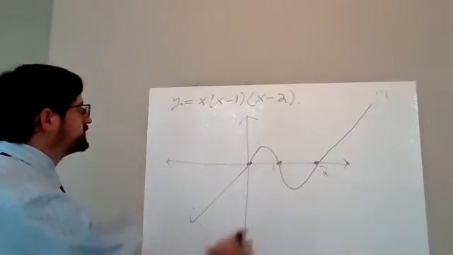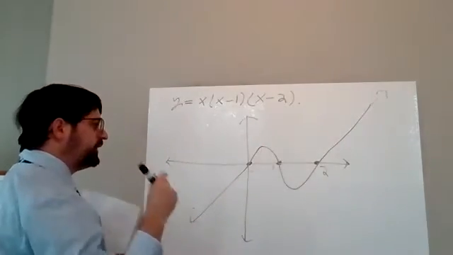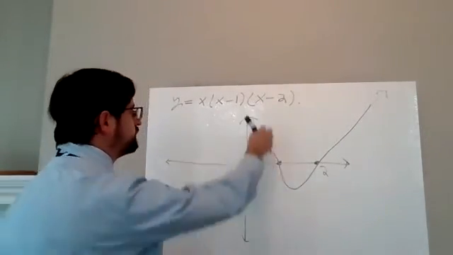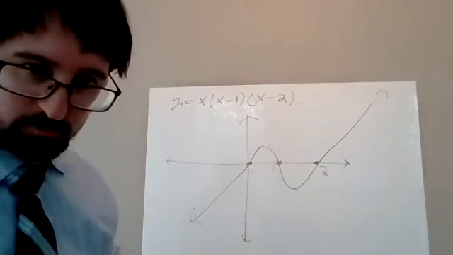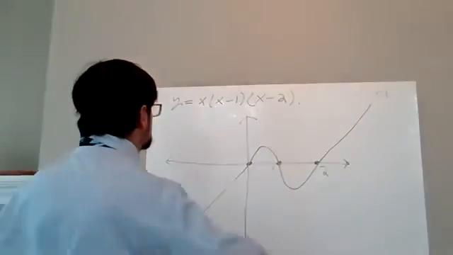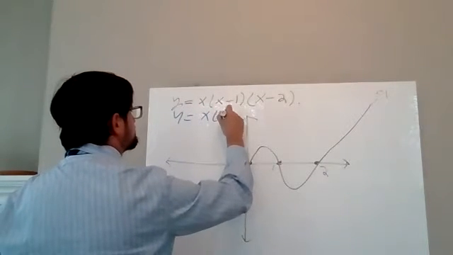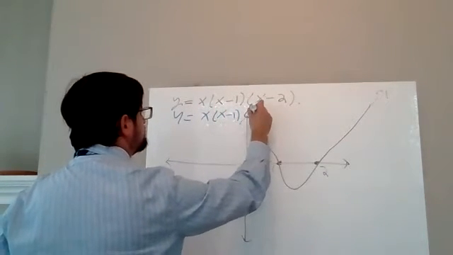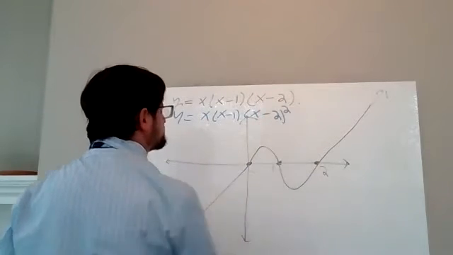If I had an equation where this was a higher degree, and it was an even degree, then that would be different. So let's say we were to graph y equals x times (x minus 1) times (x minus 2), and now I'm going to make it squared there.